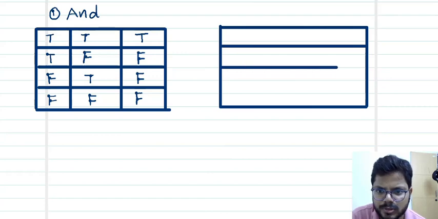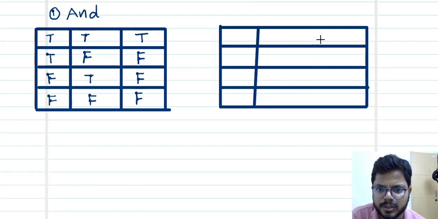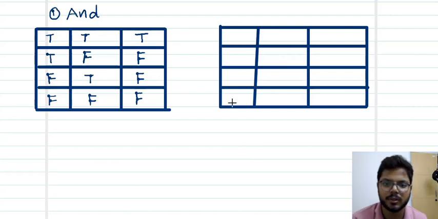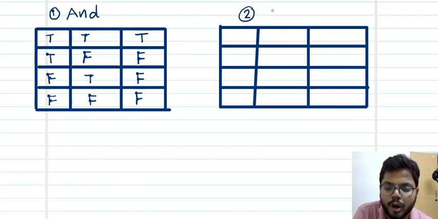This is the third one, and we'll make segments here. First one, second one. Okay. Now this is for OR. This is for the OR statement.